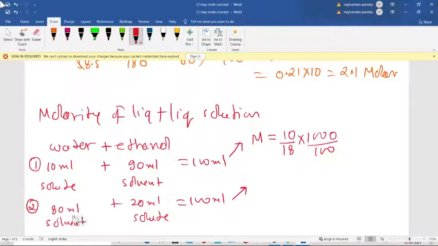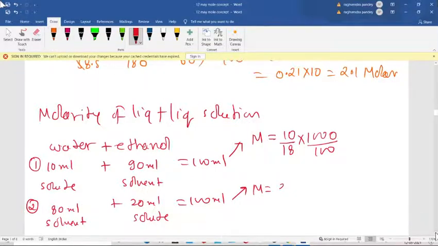Similarly, here 80 ml is solvent and 20 ml is solute. Here ethanol is the solute, so I have to calculate the ethanol moles. I forgot to give the density.